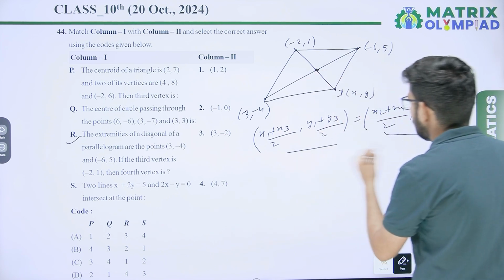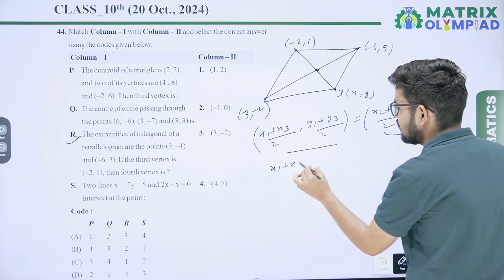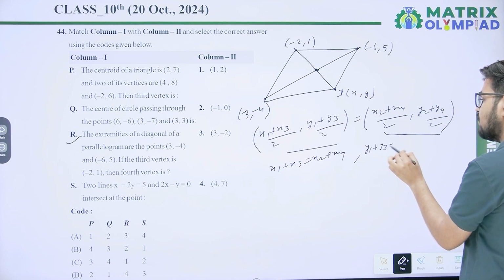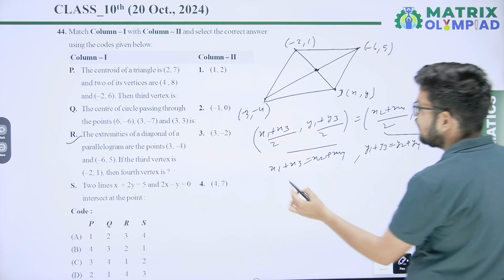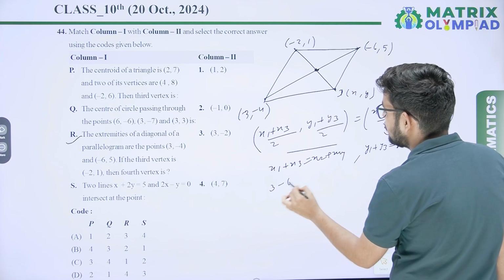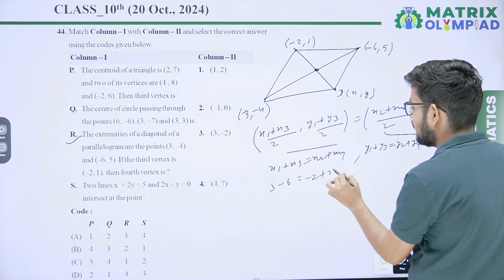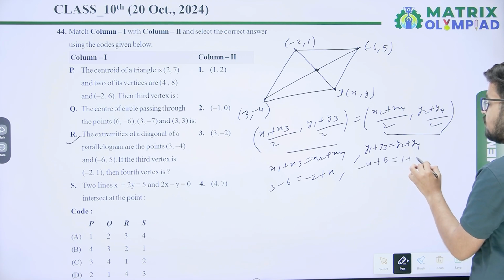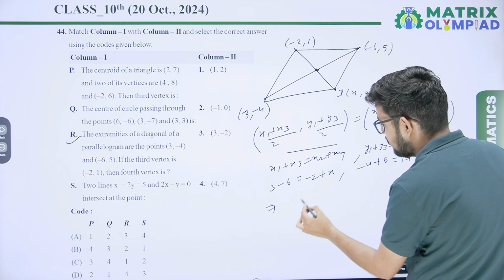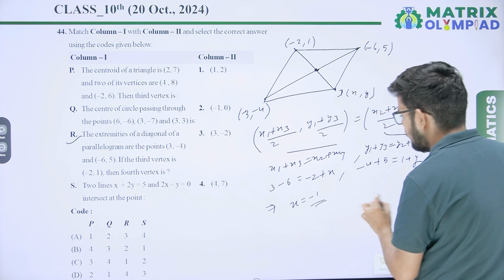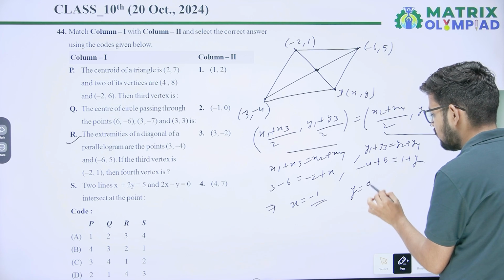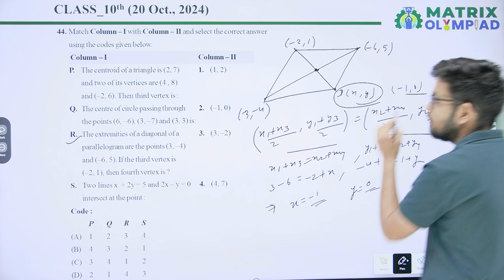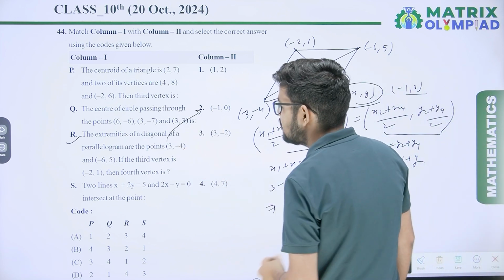So when we compare, we get x1 plus x3 equals x2 plus x4 and y1 plus y3 equals y2 plus y4. From here, 3 minus 6 equals -2 plus x and -4 plus 5 equals 1 plus y. When you simplify, you will get x equals -1 and y equals 0. So the coordinate of the fourth vertex is (-1, 0). So our answer is second.